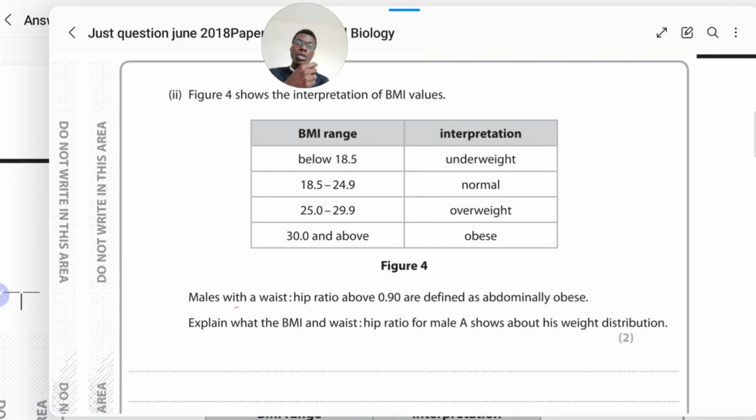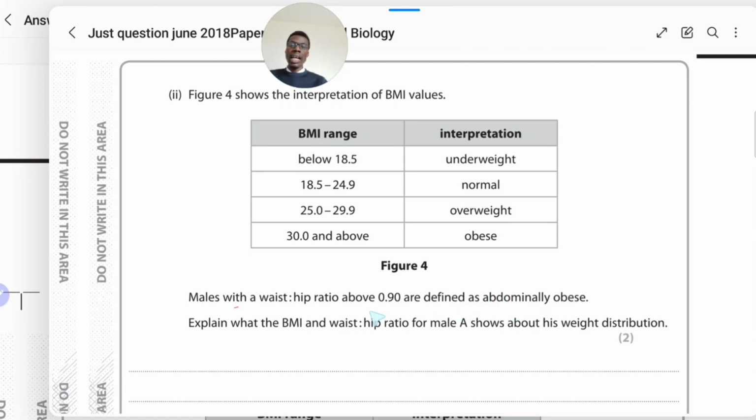Welcome back, guys. So we move on to the next question. It says here that males with a waist to hip ratio above 0.90 are defined to be abdominally obese, I mean the abdomen is obese.